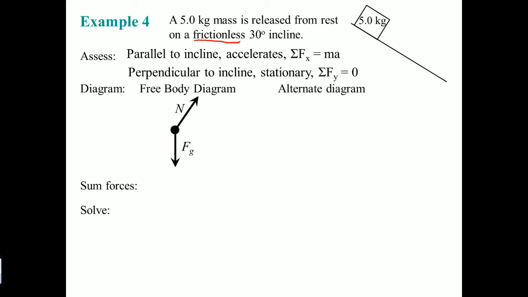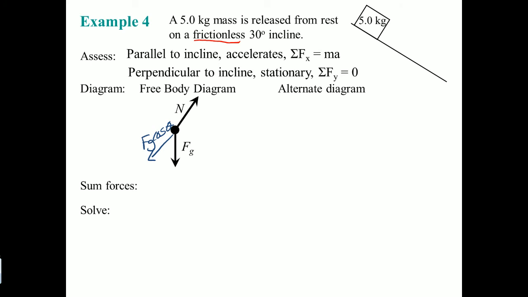Let me change the color of the pen so you can see this much better. Okay, so we look at the vertical component of the force of gravity, which is going to be Fg cosine theta.